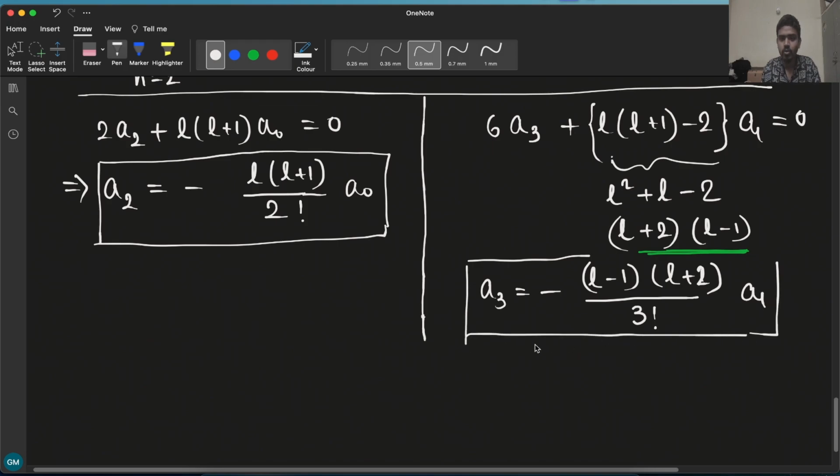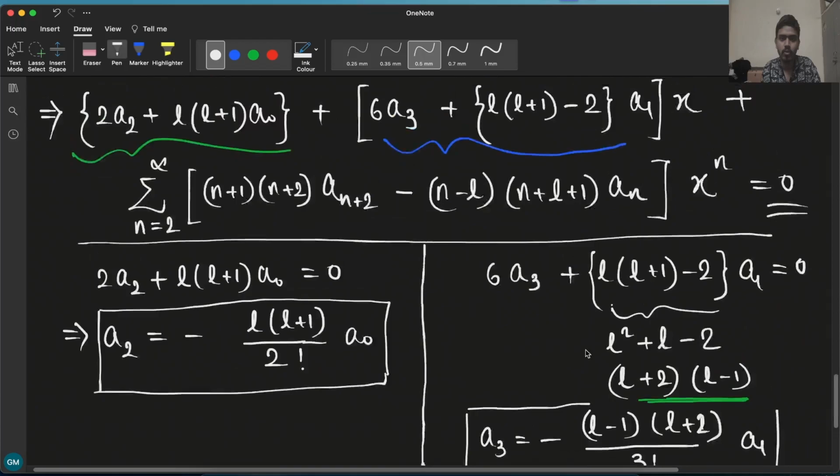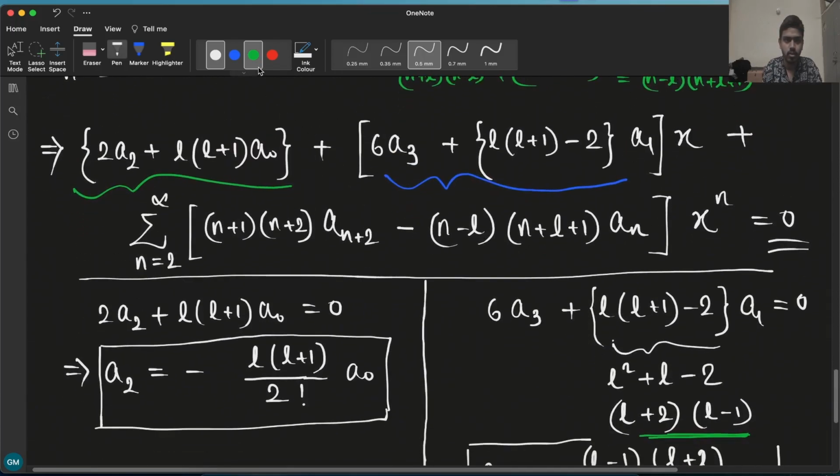Now let me write down the recurrence relation. That will be given by making this term equals 0. The coefficient of x to the power n equals 0, where n should be greater than or equal to 2, because here n is starting from 2 to infinity.